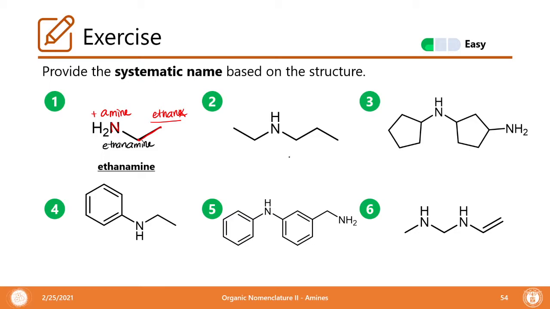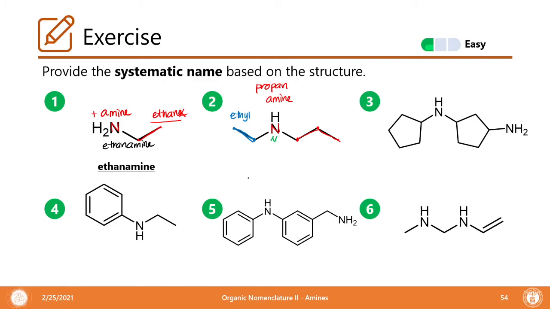Okay. What about number 2? Our priority functional group is the amine. And we have 1, 2, 3 as our longest chain, so this would be propan. And then we have a substituent with 2 carbons. That would be ethyl. And at position N, the nitrogen, that's where the ethyl connects to.